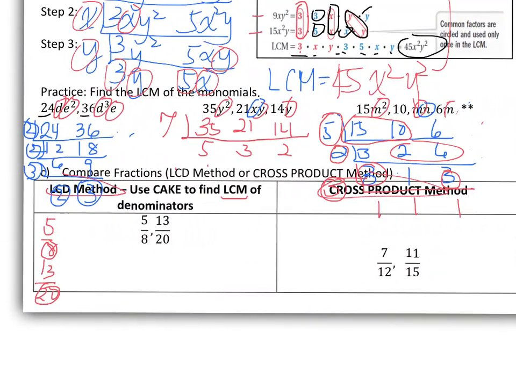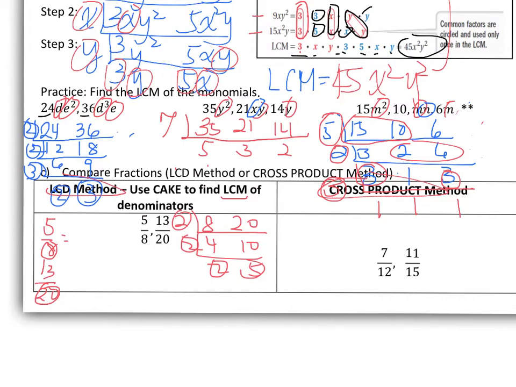So 8 and 20. What is the LCM? 2, 4, 10, 2, 2, 5. Okay, so 2 times 2 times 2 is 8, times 5 is 40.